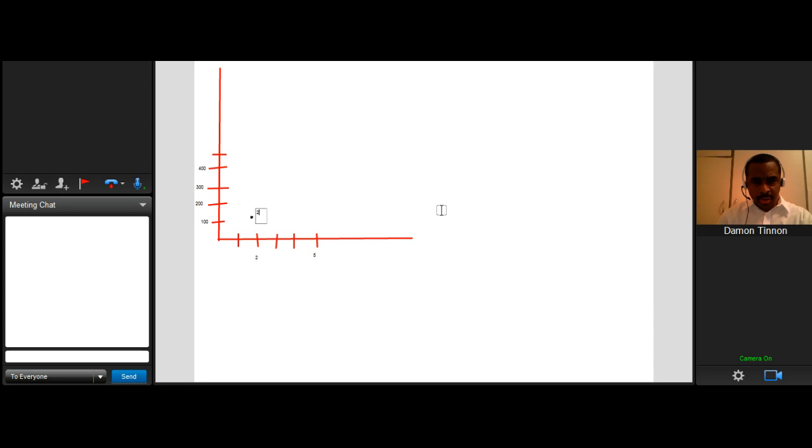That's going to be 2 on the x-axis and 112 on the y-axis. Let me make that larger so we can see it.